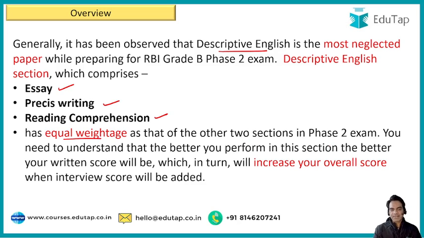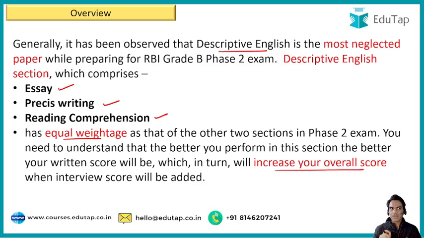The better you perform in this section, the better your written score will be, which in turn will increase your overall score when the interview score is added. Everyone is giving his or her best for FM, finance and management, and for ESI, economic and social issues.